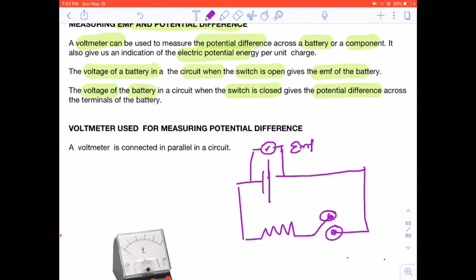But if the switch is closed, then we measure the potential difference of the battery. And in this case, there's a current that moves in the external circuit.